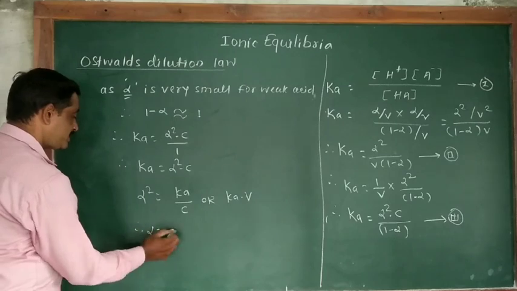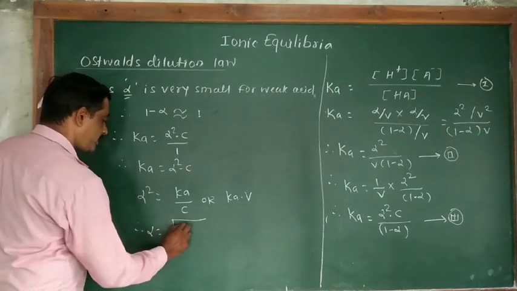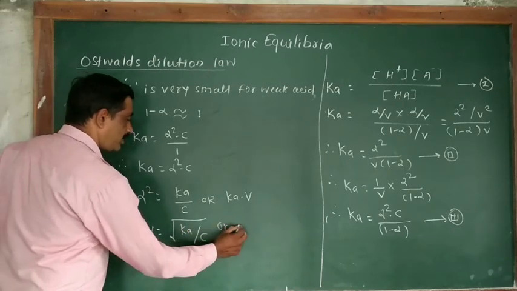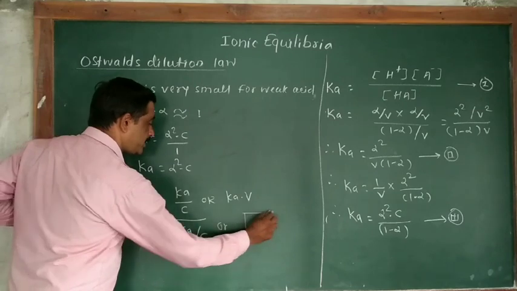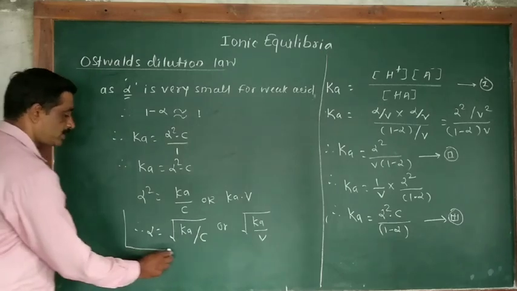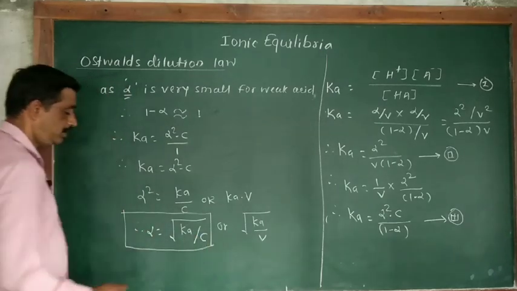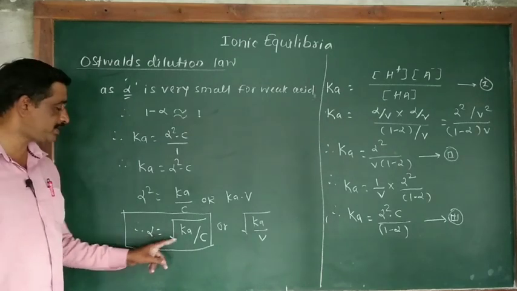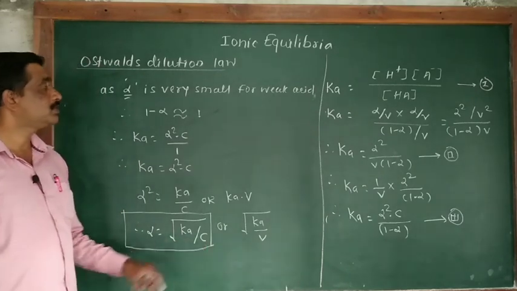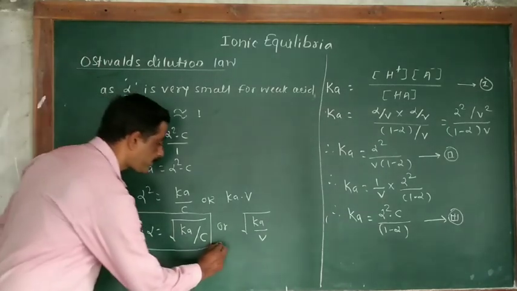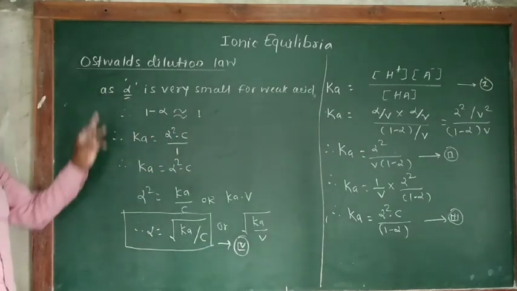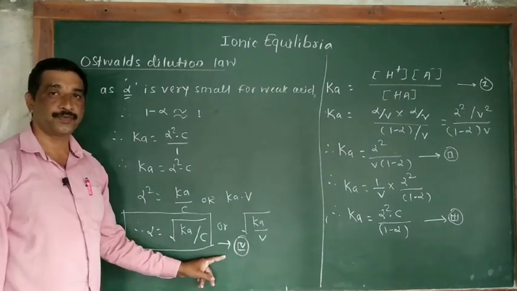Taking the square root, we get alpha equal to root of Ka upon C, or alpha is equal to root of Ka into V. So this is the relation between the degree of dissociation, the dissociation constant and the concentration of the weak acid. This equation gives us the mathematical form of Ostwald's dilution law for the weak acid.